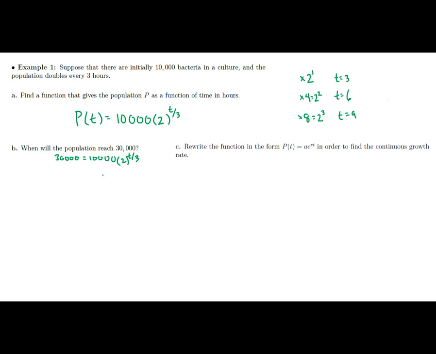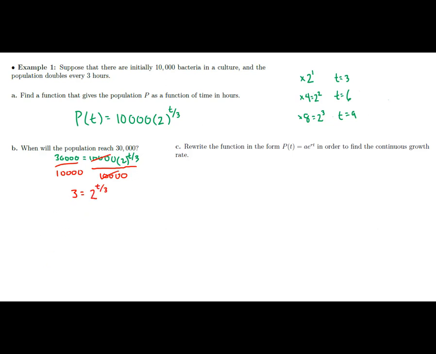And then, of course, we have worked with solving exponential equations enough now that we know that we want to try to isolate this exponential first. So I'm going to go ahead and divide by 10,000 to get the exponential part on the right side all by itself. And so I end up with 3 is equal to 2 to the t over 3.